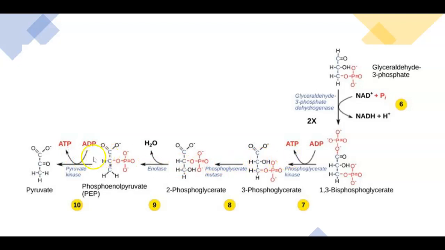So these two reactions that we're seeing here forming ATP aren't coupled reactions, but what we're seeing is energy is getting extracted. The phosphate in particular is getting extracted and making an ATP. And then the other product, other than the NADH and the ATP, is this pyruvate. And so now we're moving on to see where pyruvate's going.